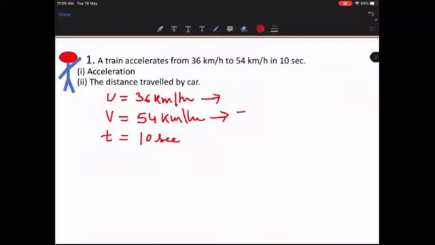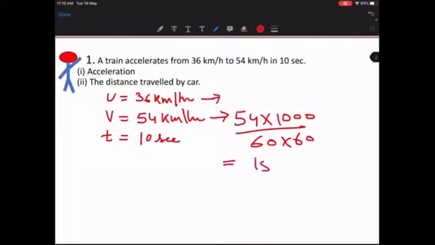Now let's see 54. So 54 into 1000 divided by 60 into 60. If you solve this, you will be getting 15 meters per second, and here you will be getting 10 meters per second. So first and foremost is to convert kilometers per hour into meters per second.